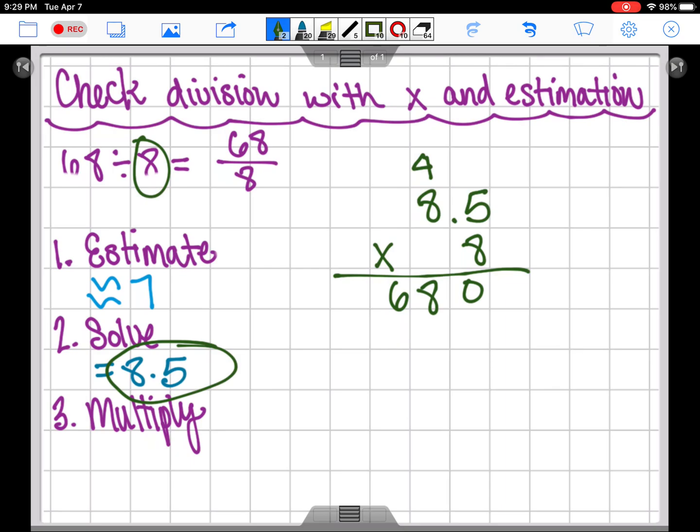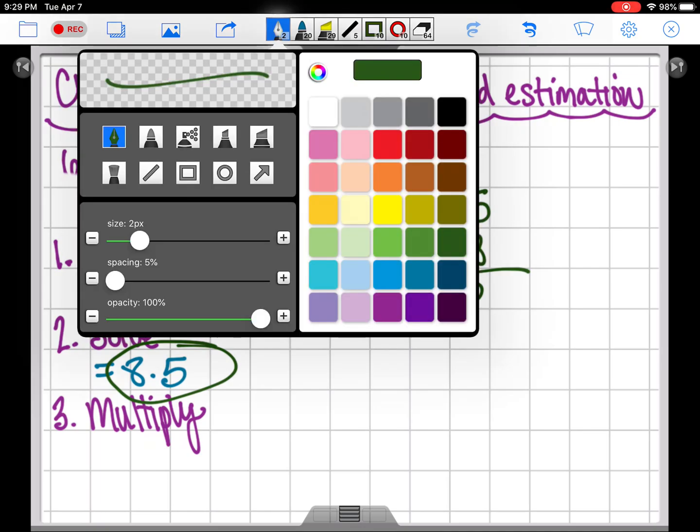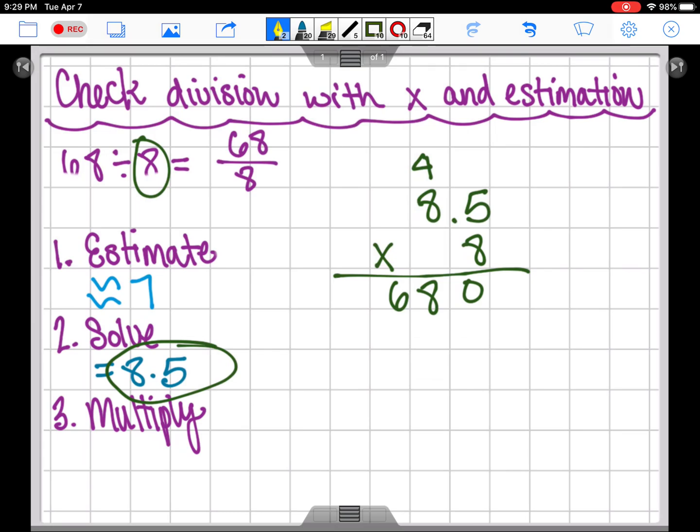I'm looking at that. Is that correct? Did we do it? 8.5 times 8 is 680? No. I know you guys are yelling at me like, no, why is she doing this to us? We know that our initial factor, 8.5, has a decimal in it, so our product is also going to have a decimal in it.